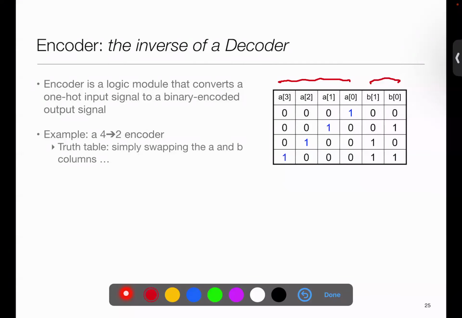What do you see interesting about this truth table? Have I fully specified it? So let's say if A3, A2, A1, A0 were all ones, what do you think should be the output? You ignore it.